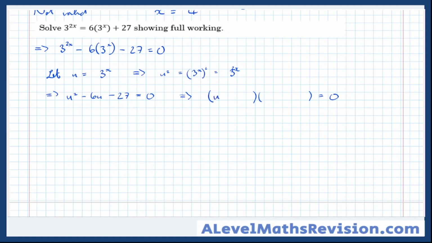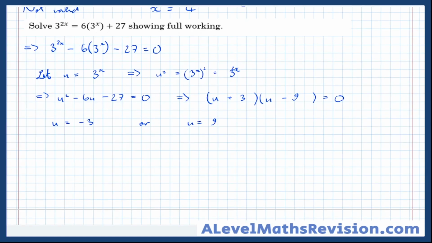So we've got u and u there, and if we do minus 9 there and plus 3 there, we end up with exactly what we need, u squared minus 6u minus 27. And then that leads us to u equals minus 3 or u equals 9.